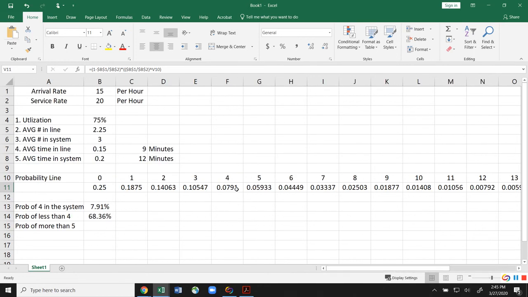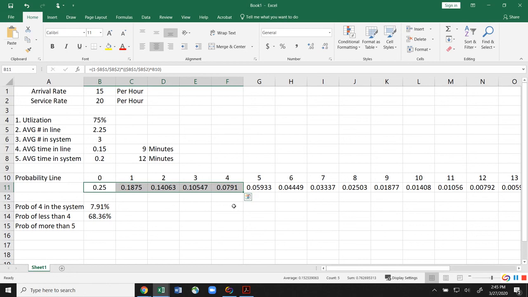let's just assume for a second that the probability from 0 to 4 was 60%. All right, we know that the total probability of all numbers to infinity is 1, a total of 1. So if this probability from 0 to 4 was 60 on this side to the left, then from here to the right would be 40, because the sum of these two sides have to equal 1.